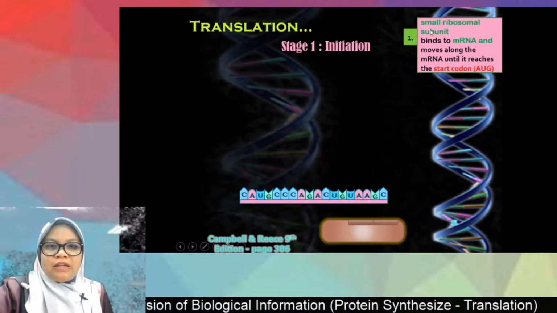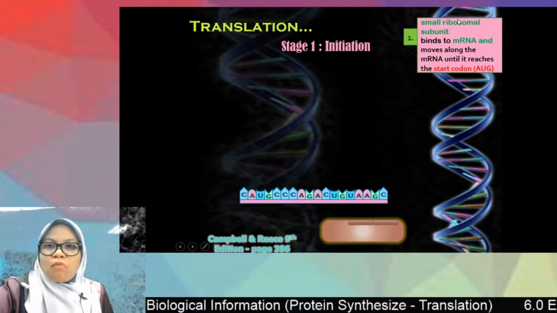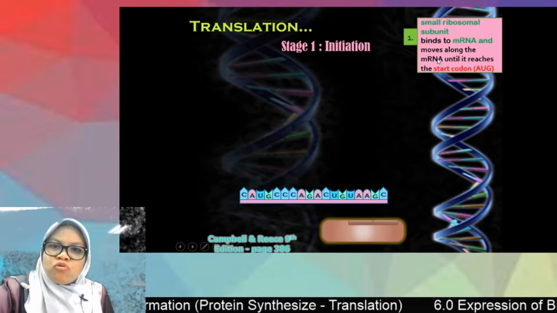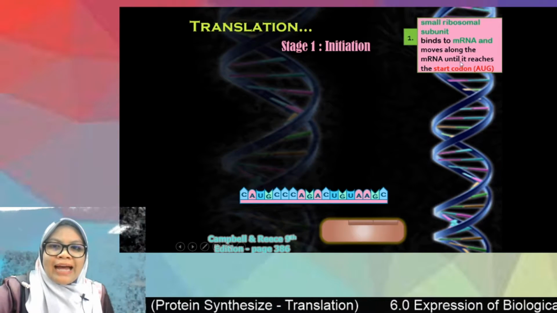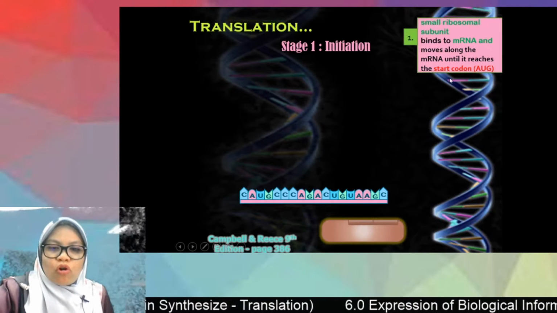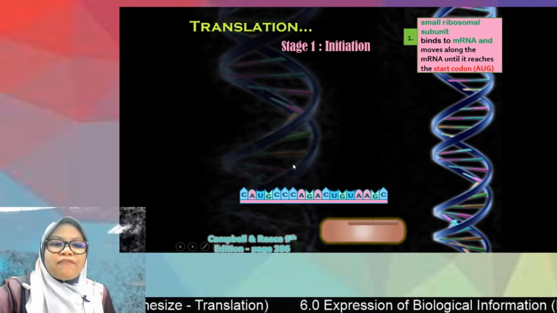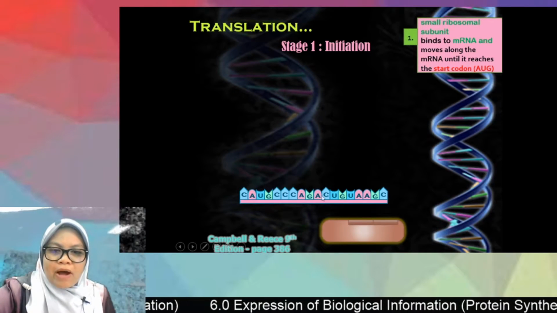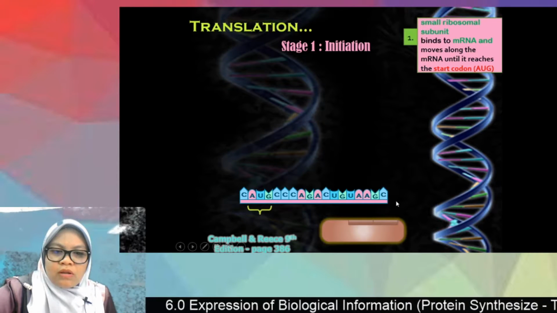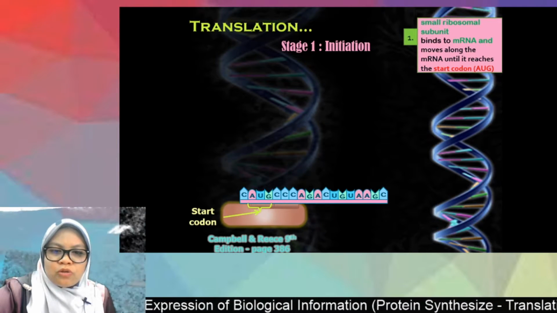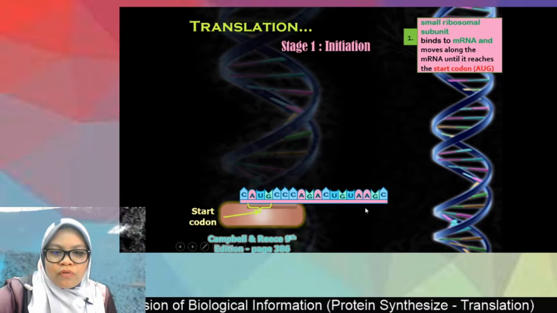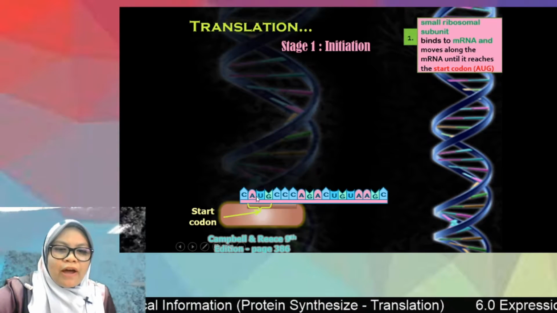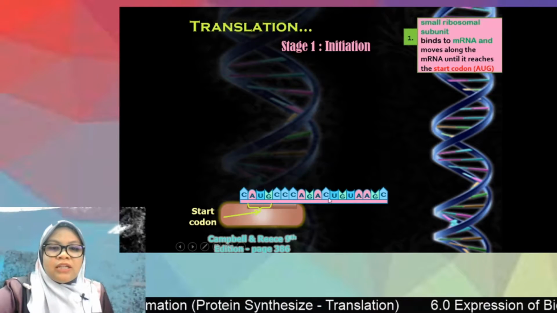The first thing that happens in initiation is that the small ribosomal subunit binds to mRNA and moves along the mRNA until it reaches the start codon. The start codon is 5' AUG 3'.